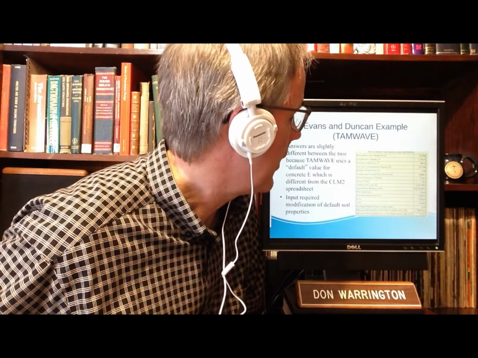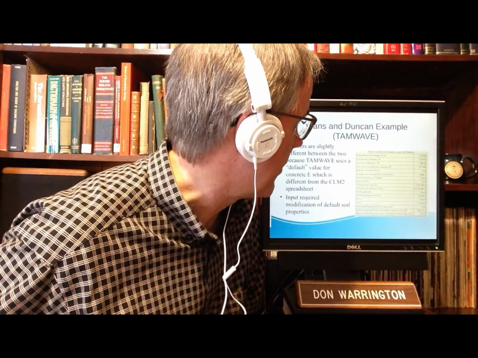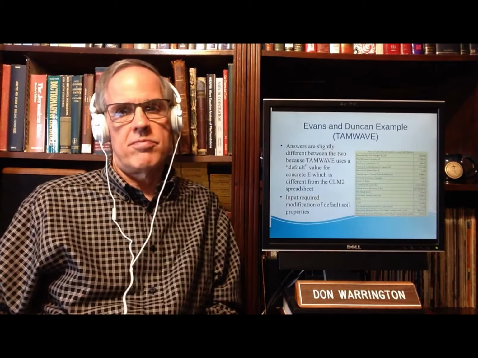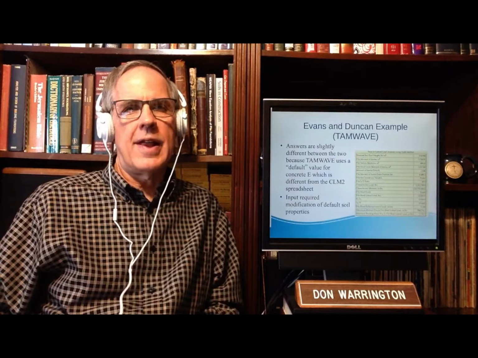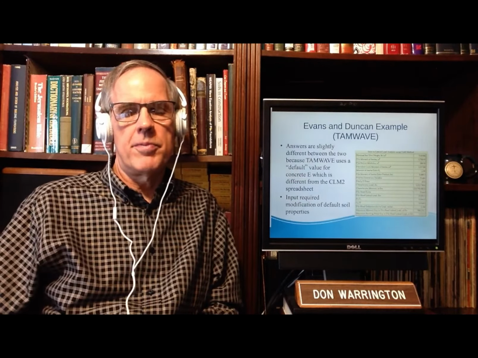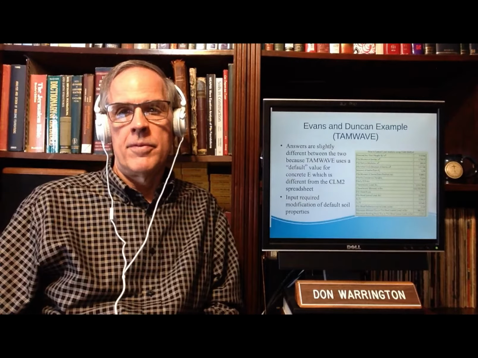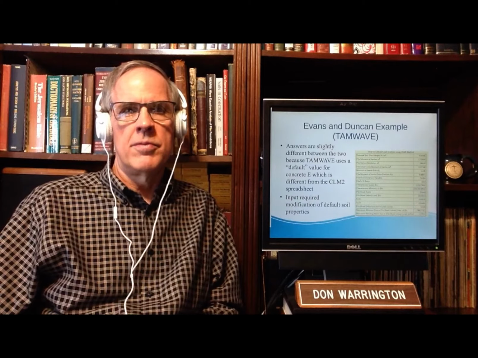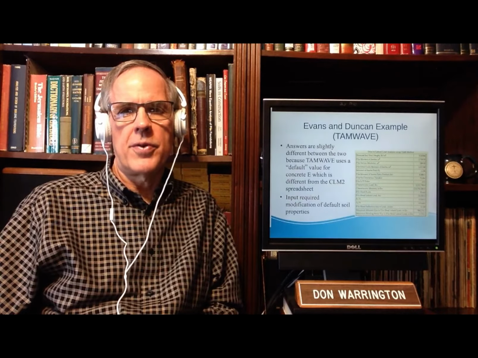And then it finally computes the maximum moment to the pile head load. It's a little different because Tanwave doesn't allow you to monkey around with the material properties of the pile. So it's a little different in Tanwave than it is here, but the results are pretty close. It's a fairly straightforward calculation.